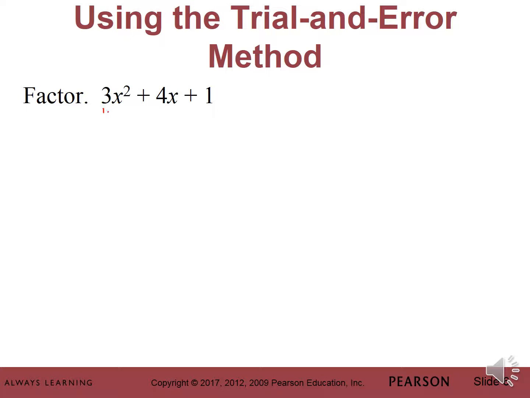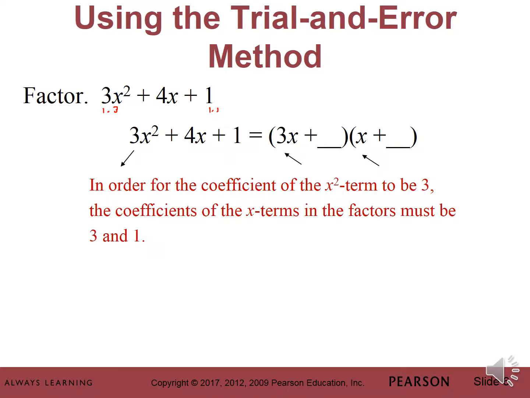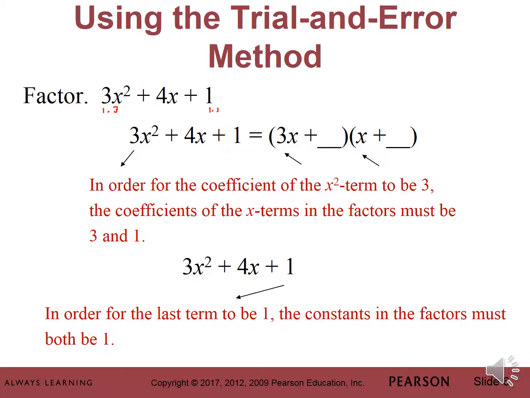Okay, so trinomial you're given. But let's see. 3 is 1 times 3. It's prime. 1 is 1 times 1. So apparently, we're going to need a 3x and an x. Factor the result, and then we just have to fill in the appropriate numbers.